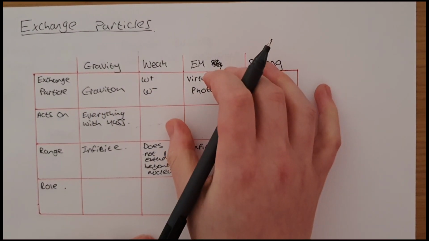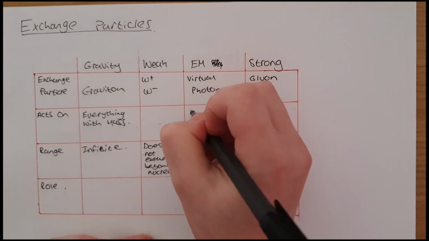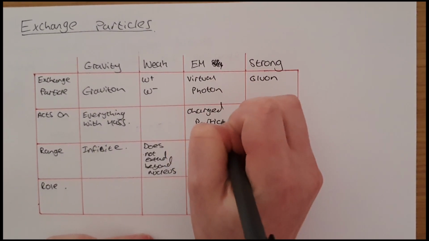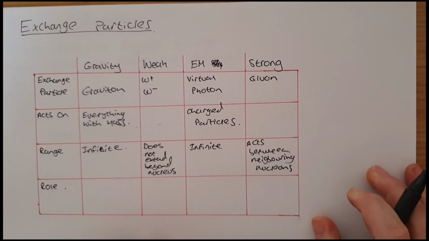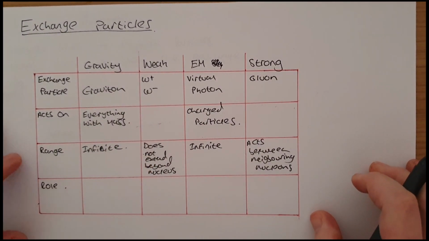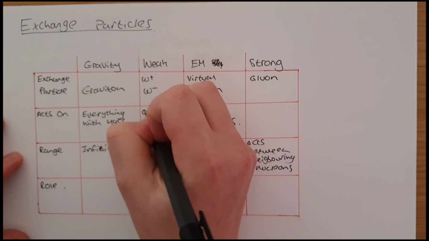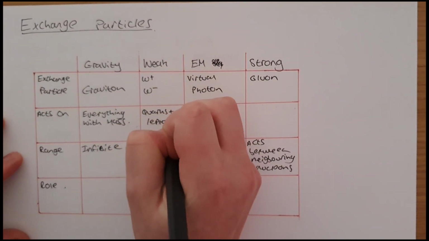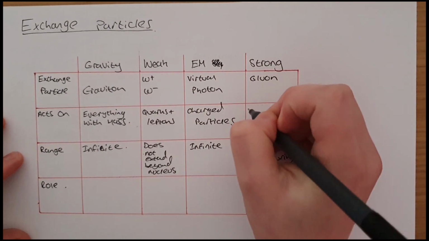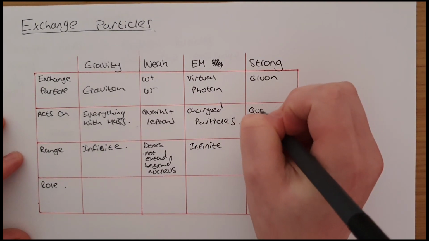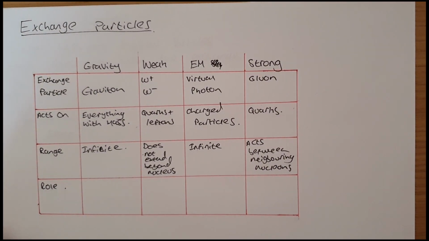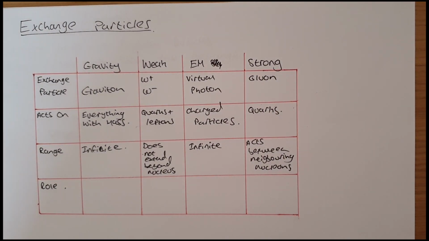My EM, electromagnetic, acts on charged particles. My weak nuclear force acts on anything which is quarks and leptons. And then my strong only acts on quarks because it binds them together. Quarks make up a nucleon. Again, more on this in later lessons.